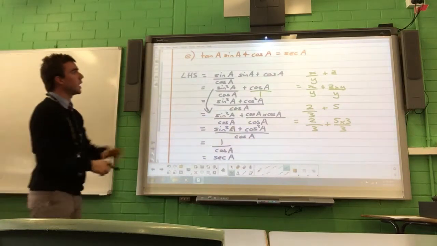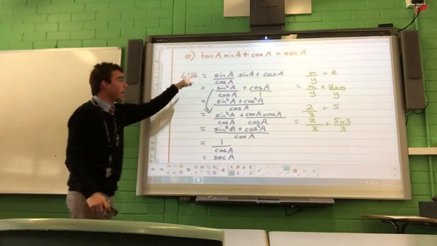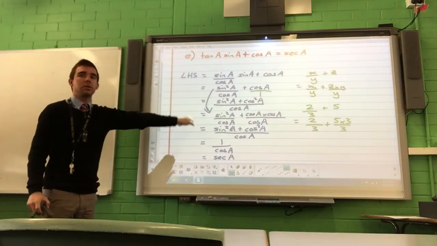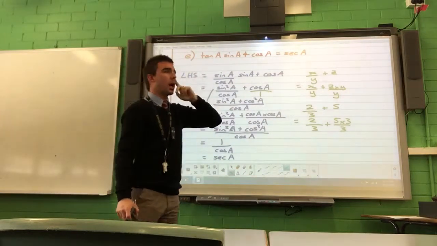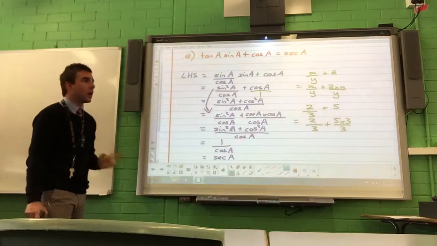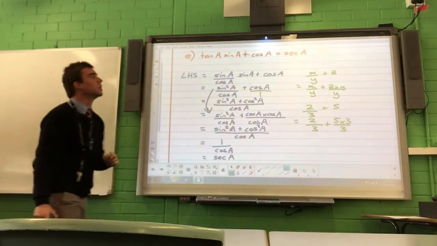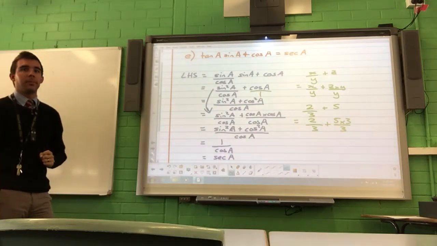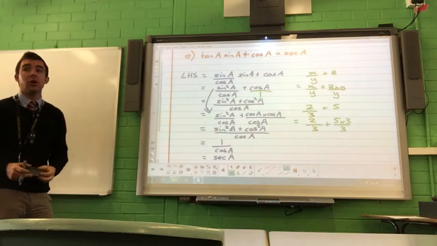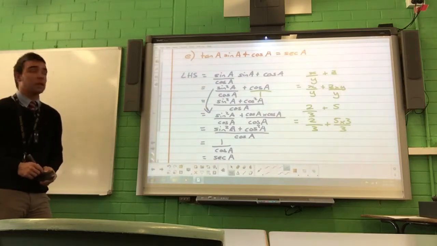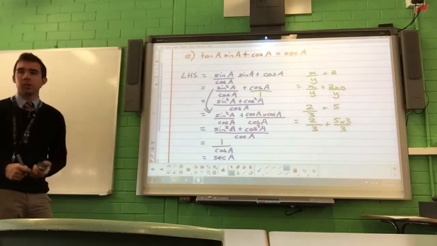Okay, so what I've done is I've taken the expression on the left hand side of the equal sign and I'm going to manipulate it, substitute things in that are equal and get it to look like what I have on the right hand side. In other words, I'm manipulating this side to get it to equal sec of A. Alright, I do that through my substitution and rearranging of my trig identities, which is what we just covered, as well as obviously my algebra work.